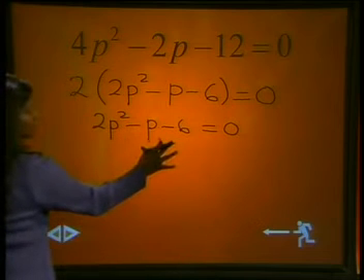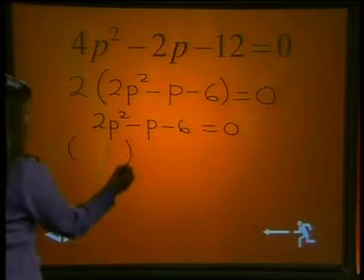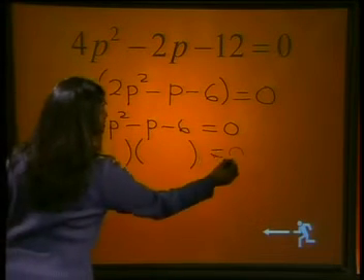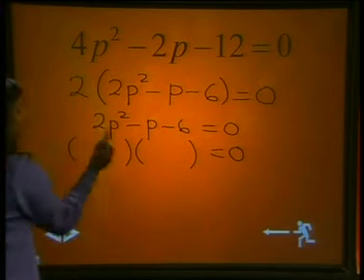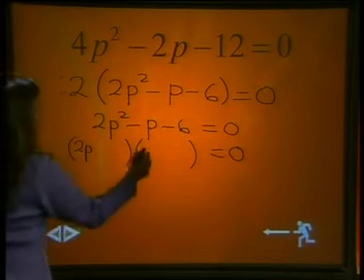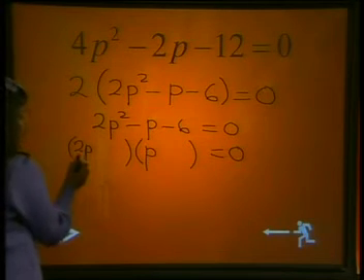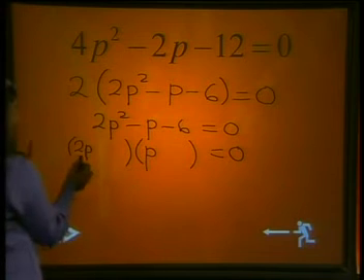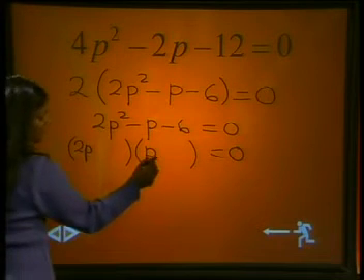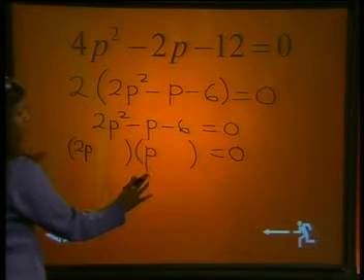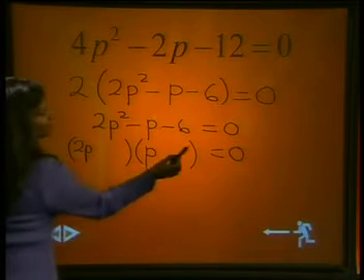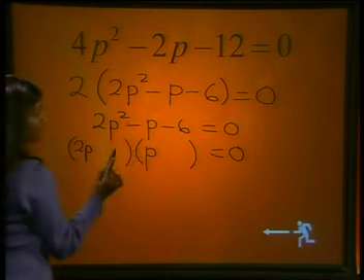Now we are left with our quadratic equation, which we know factorizes to 2 brackets. 2p squared factorizes into 2p and p. Now, at this stage, it doesn't matter which order we put this. We could easily have put p and 2p here, but for now, we will work with this. The next thing we need to do is to find the factors of negative 6, but be careful.